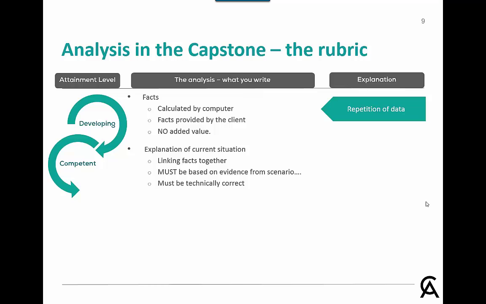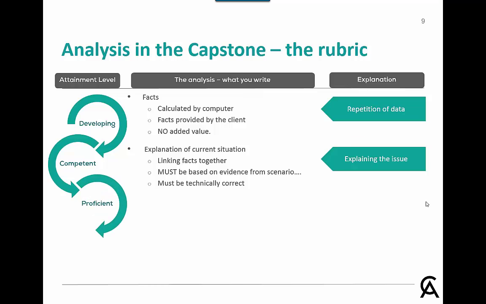Now, these two can be linked, but not always, and you need to explain why the link exists in this business case. As you see on the full rubric, technically incorrect takes your analysis to below standard. Essentially, competent is explaining the issue, but that's below the standard we expect of the chartered accountant program candidate.